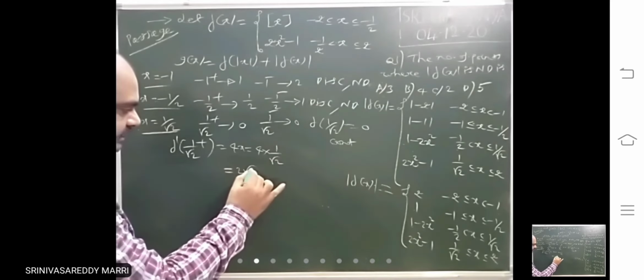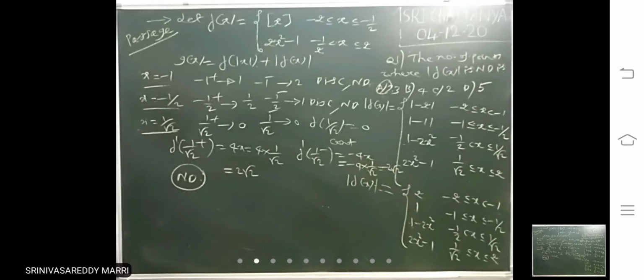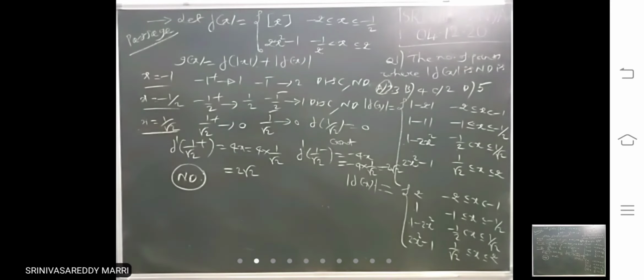Minus 4x. Minus 4 into 1 by root 2. That is minus 2 root 2. Therefore not equal. That means what? Not differentiable. So therefore, how many points are there? 1, 2, 3. 3 is the answer. So at 3 points it will be not differentiable.